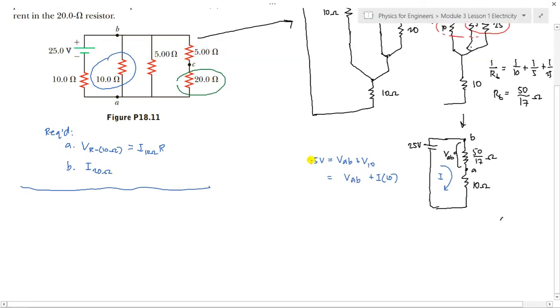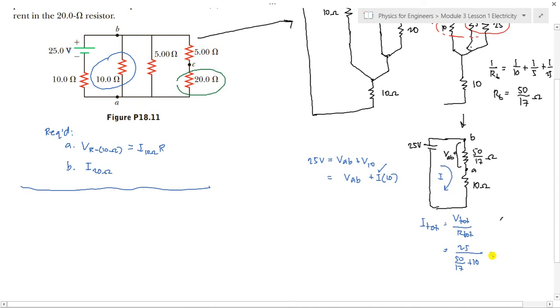So VAB, since the total voltage is given, we only have the total current left. In order to solve for the total current, we're going to use I total equals V total over R total. What is the total resistance here? Sum up 50 over 17 plus 10. So total voltage is 25 over 50 over 17 plus 10.